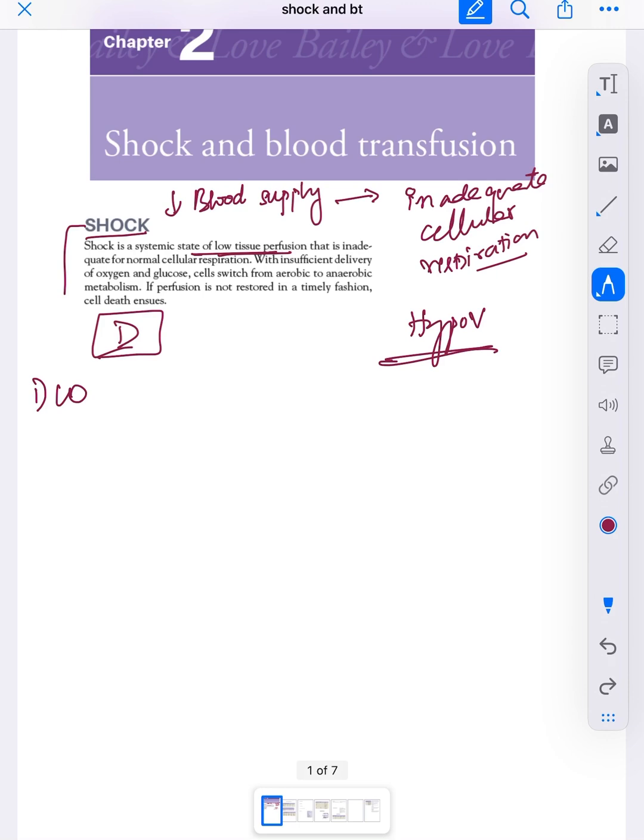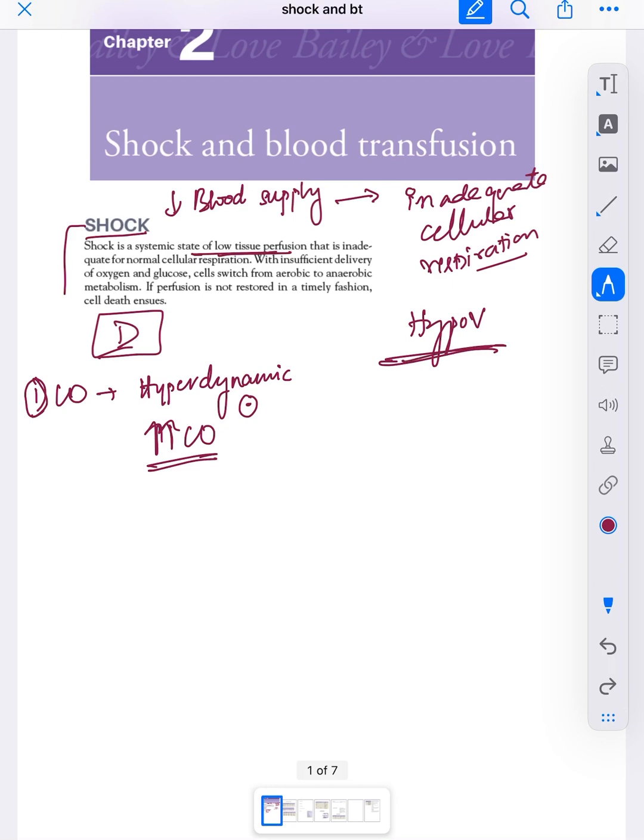What happens to the cardiac output in case of distributive shock? Is distributive shock a type of low volume circulation or a high volume circulation? Distributive shock is a type of hyperdynamic circulation. Hyperdynamic circulation, right? Be it septic shock, be it anaphylactic shock, everywhere you see hyperdynamic circulation. So the cardiac output is definitely increased.